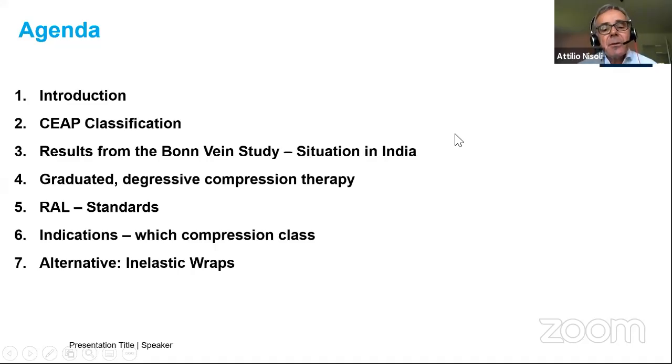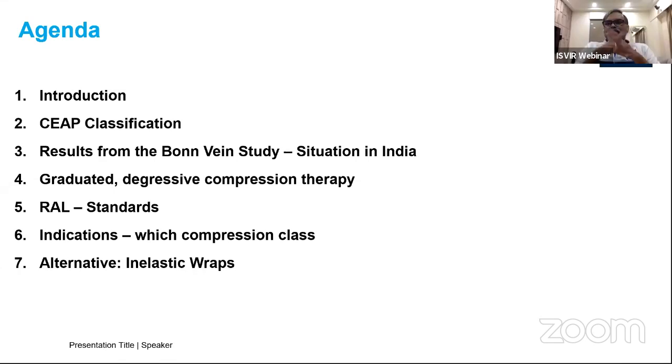I'd like to start with the agenda today. It's a short introduction. We'll talk about the CEAP classification. I will continue with the results from the Bonn Vein Study, and especially the situation we have in India nowadays. Graduated degressive compression therapy will be the next point, then the different standards, or actually the RAL standard, which we follow when manufacturing SIGVARIS garments.